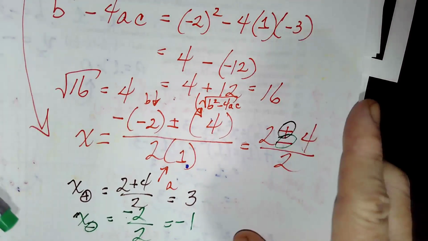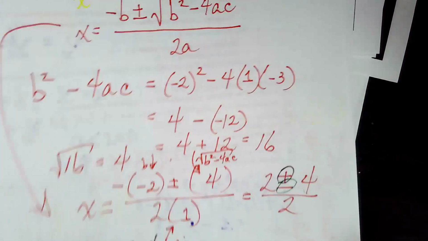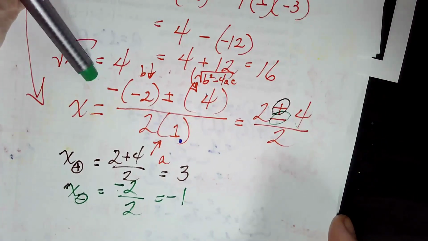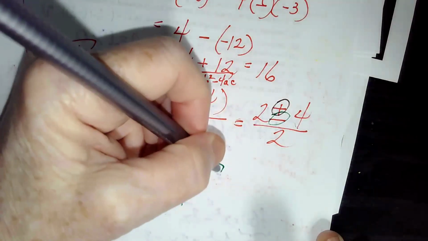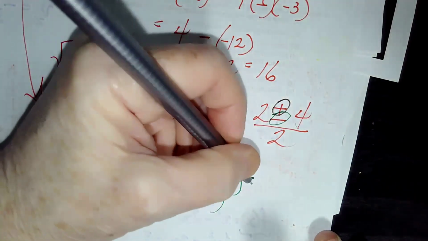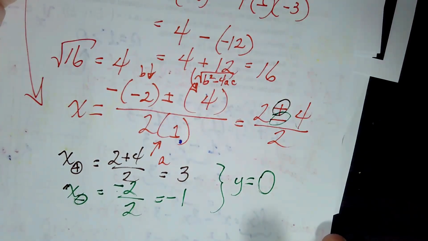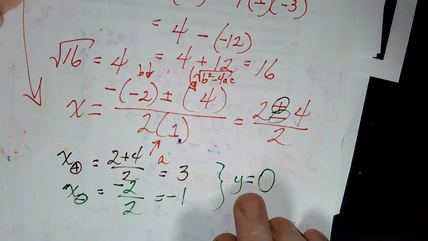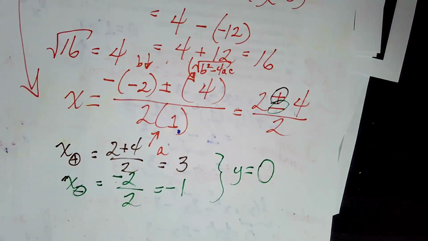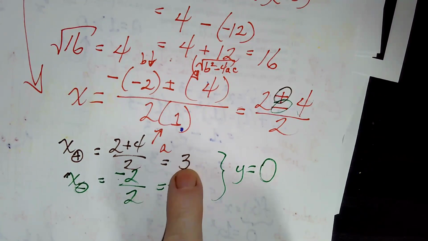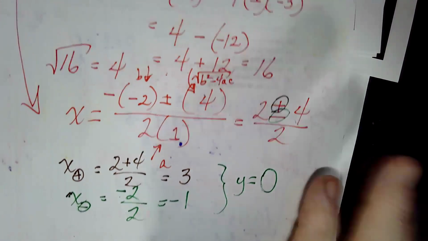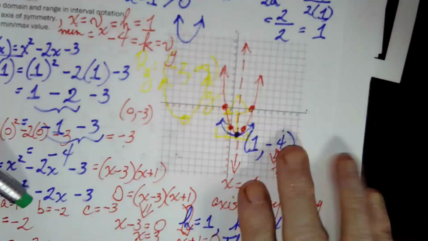We're finding what y did. So yeah, in both cases, y is 0. So we get 3 comma 0 and -1 comma 0. And yay, that's exactly what we got using that.